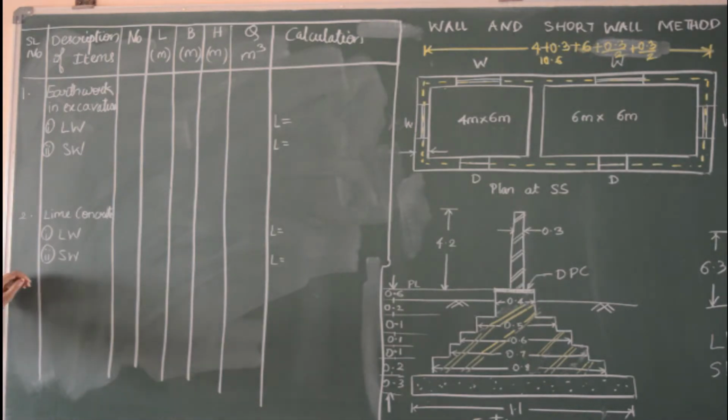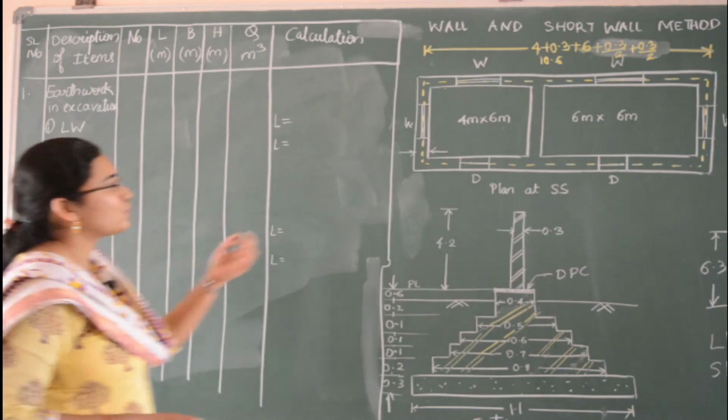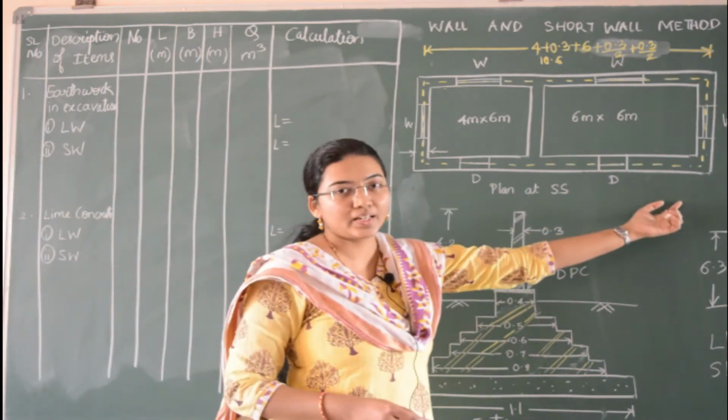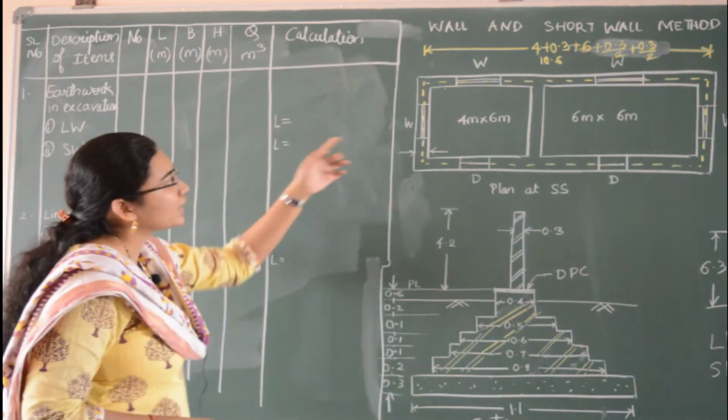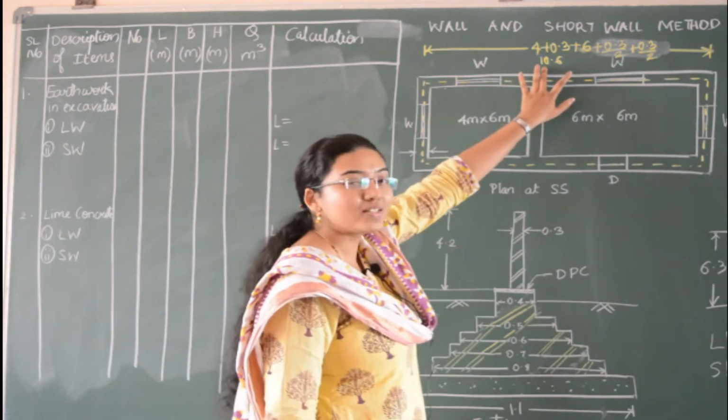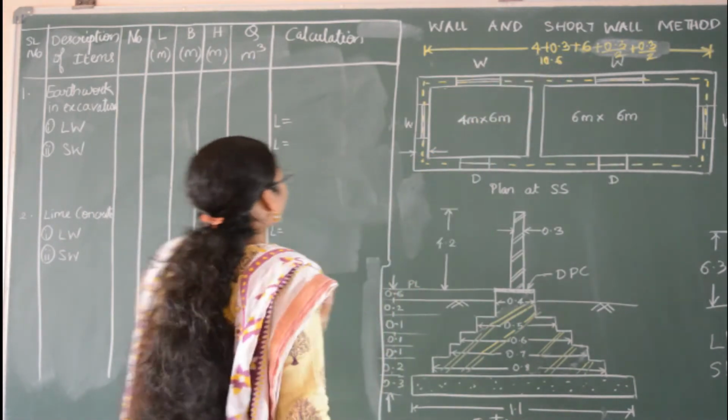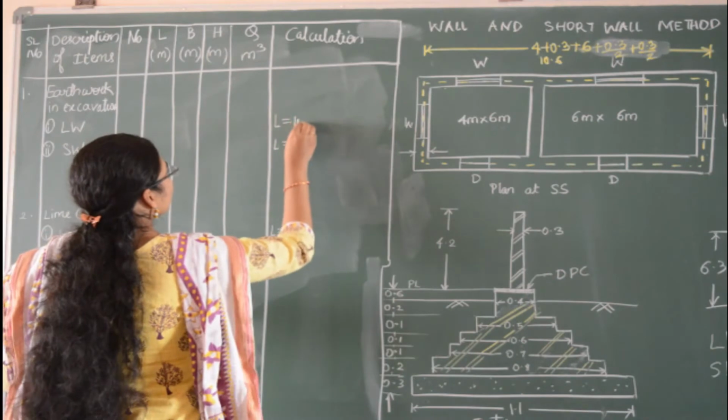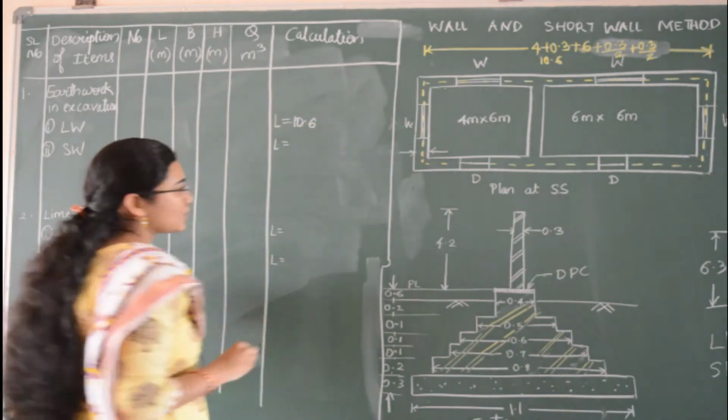So now we shall do the detailed estimation for the excavation work for the long wall and short wall. We have already calculated the center line of the long wall, which is 10.6, so I will consider that here: 10.6.